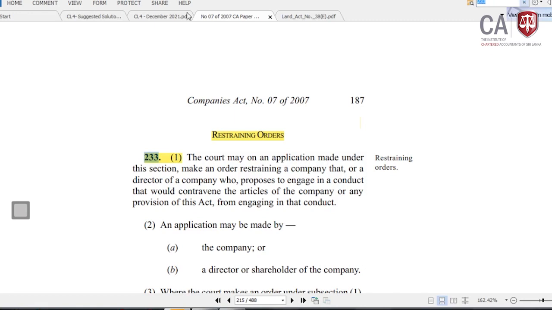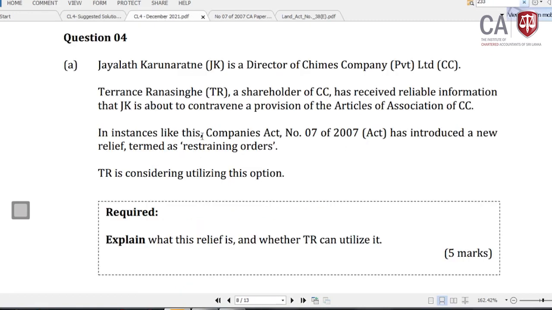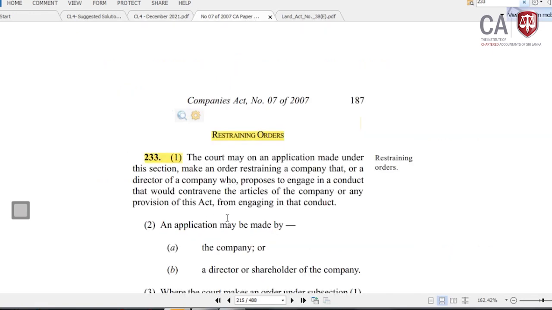That is why the question very clearly says the shareholder has received reliable information that the director is about to, that means he has not done it yet, about to contravene a provision of the articles. Then of course, you have the freedom as a shareholder to obtain the restraining order as per section 233.